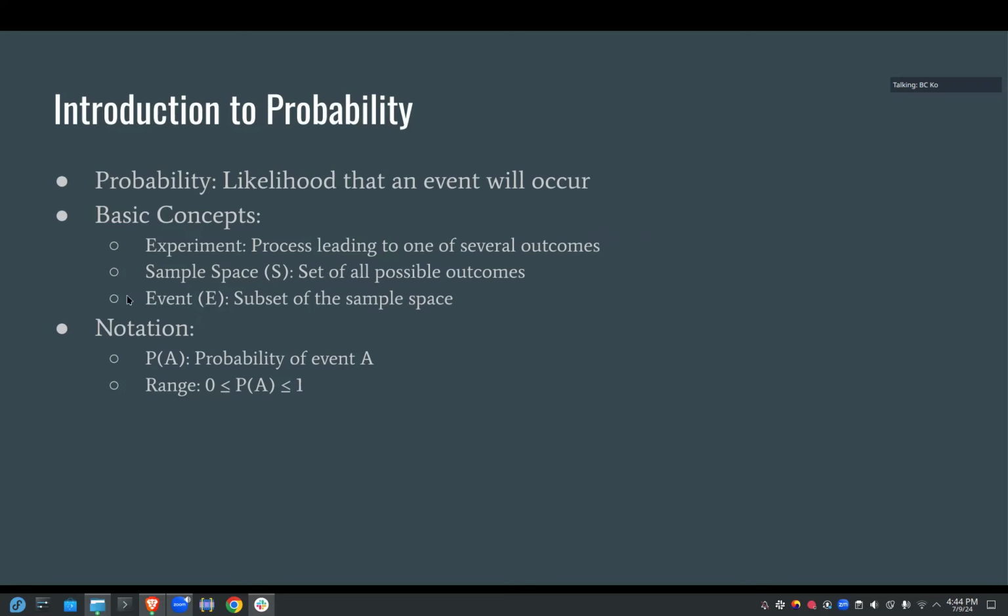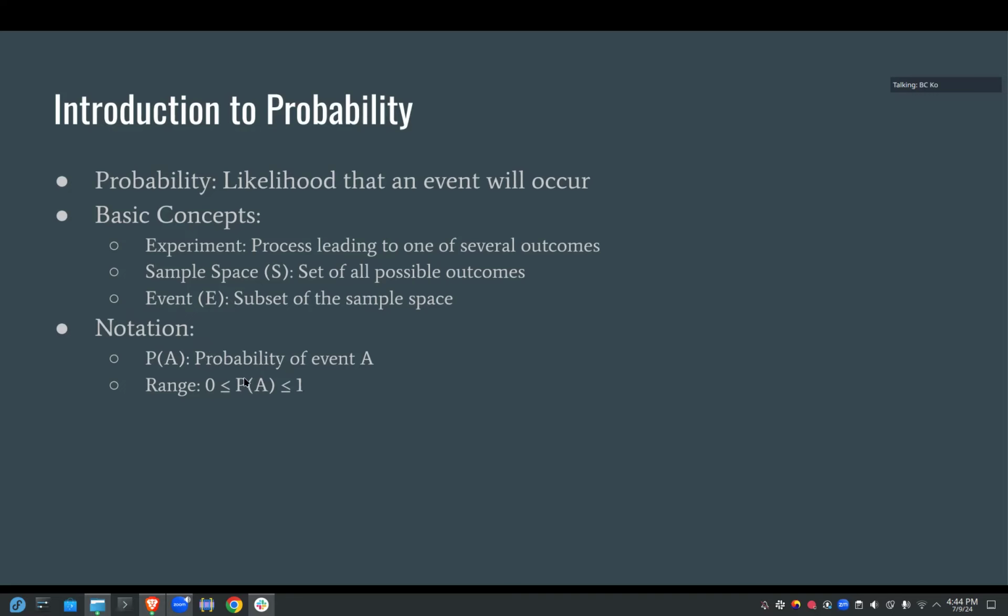Event. An event is any subset of the sample space. So say we're interested in rolling an even number. The event would be 2, 4, 6. And probability is denoted as P of A, where A is an event and it ranges between 0 and 1.